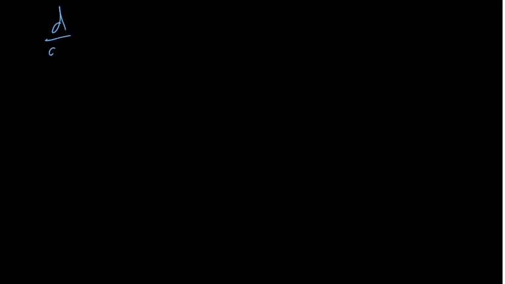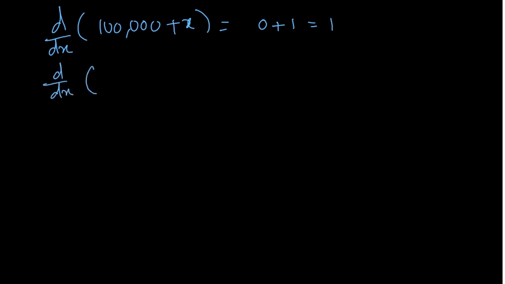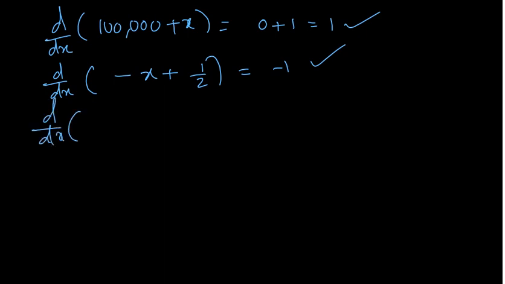D by dx of 100,000 plus x, how much? Good, that's correct. Okay, next question. D by dx of minus x plus half. Good, correct. D by dx of x square.